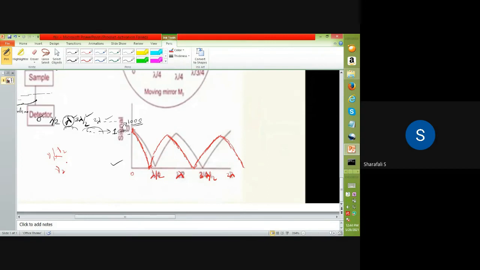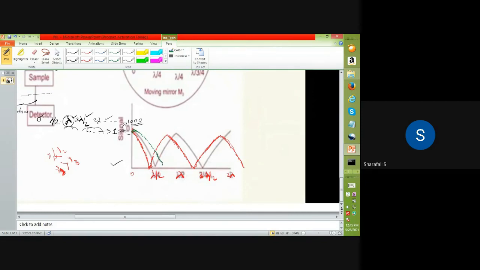And for another frequency, mu3, which is less than mu1, mu3 will have a lambda that is larger than that of mu1. For that particular frequency, the intensity pattern will come like this because it has a larger lambda.